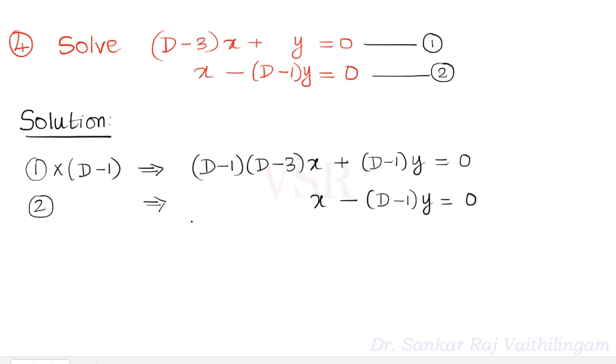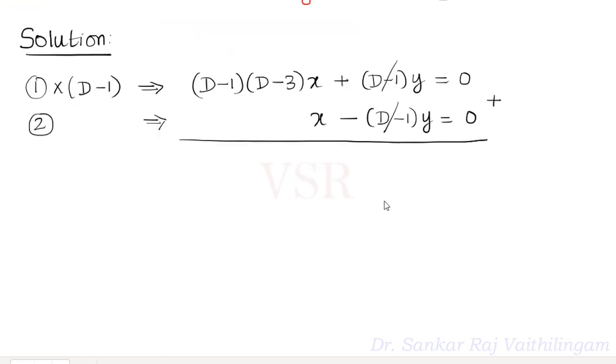Now I am going to add these two. So let us add this. Then both of these terms will get cancelled. The remaining thing will be (D minus 1) into (D minus 3) plus 1, times x, which is equal to 0. Let us solve this.